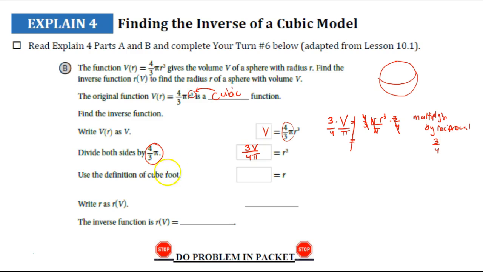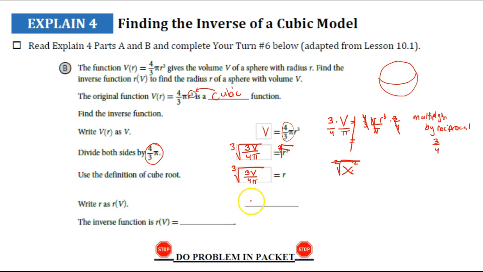And just like when something is squared, we got rid of it by square rooting, we'll do the same thing. We'll get rid of something that is cubed by cube rooting both sides. So that would be r equals the cube root of 3 times V over 4 pi.